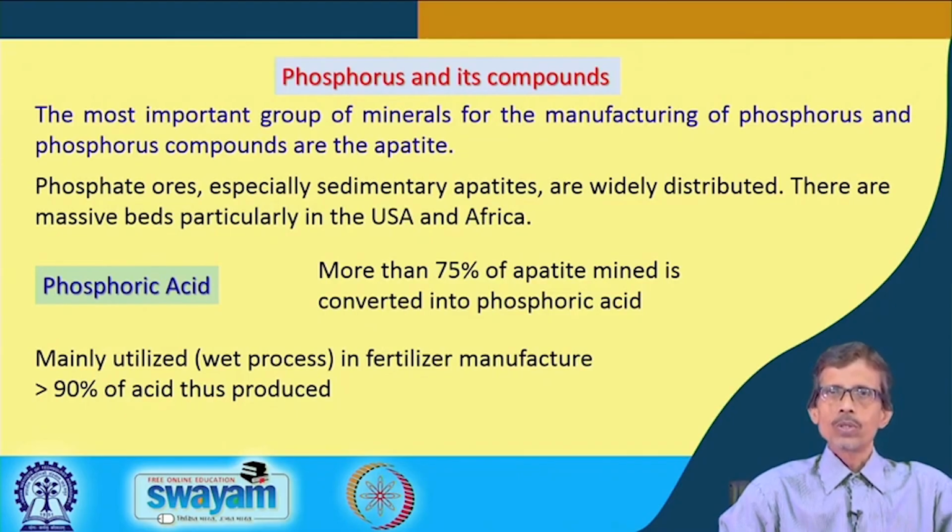Similarly, here also we have the phosphorus based salts, that means the corresponding salts of phosphoric acid. So we have to convert phosphorus to phosphoric acid, and from that phosphoric acid we will make the corresponding salts.